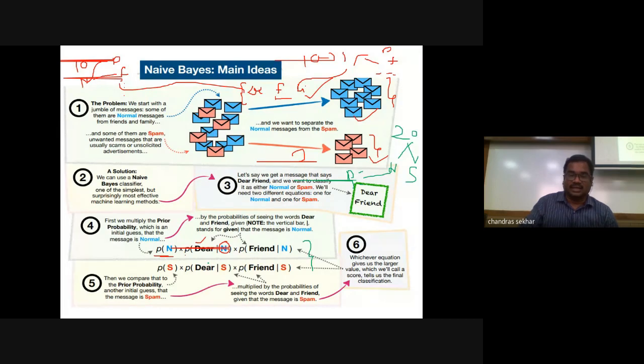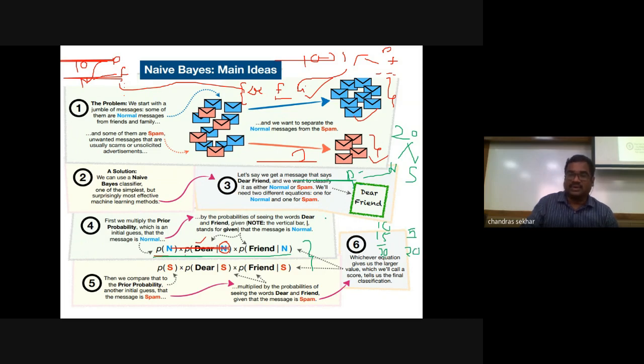So like that we will compute the probability. Out of 20 mails I receive, suppose 15 mails are normal, 5 mails are spam. Now what is the probability of normal? 15 by 20. And what about spam? 5 by 20 is the probability of spam.